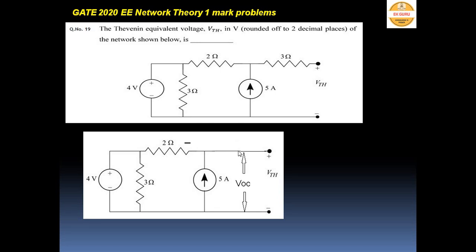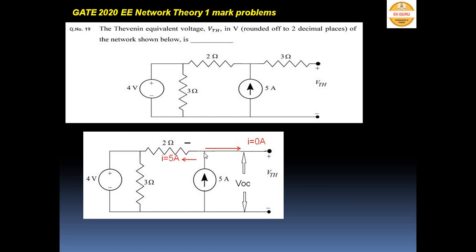If this circuit is open, then the current flowing through this 3 ohms resistance is 0. If the current flowing through any resistance is 0, we can neglect that resistance. So VTH, Thevenin's voltage, is the open circuit voltage, that is the voltage across this 5 amperes current source.